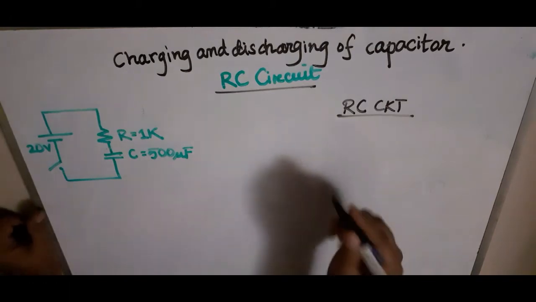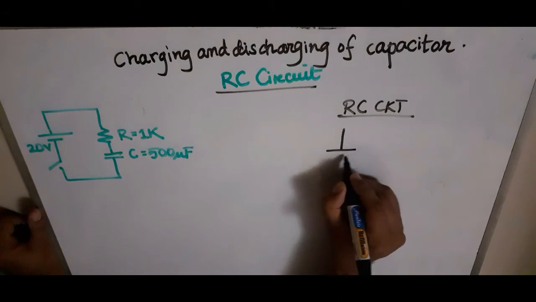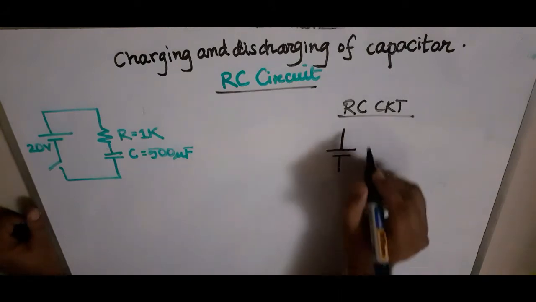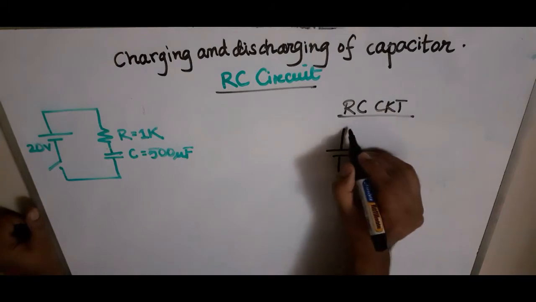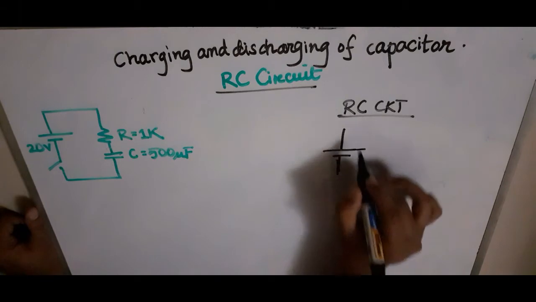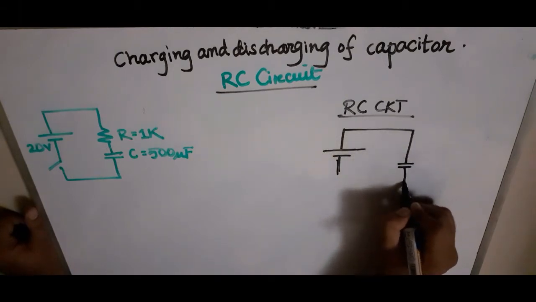An RC circuit is something like this. It consists of a voltage source, or you can say a battery. It should be connected to a capacitor, right?